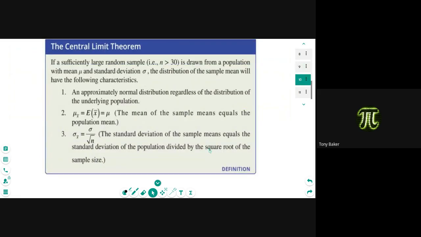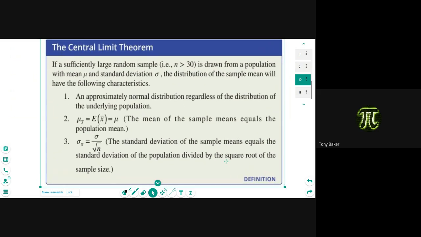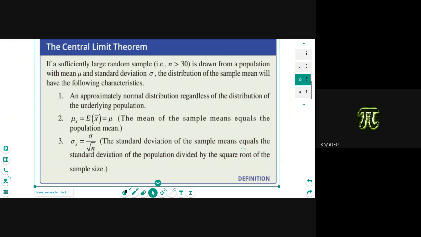All right, now how we're going to actually do all this math that we were just talking about. Remember what I kept saying: as long as we have more than 30, we're good. As long as there's more than 30 of the numbers, we can pretty much predict that it's going to be a normal distribution. This is why.